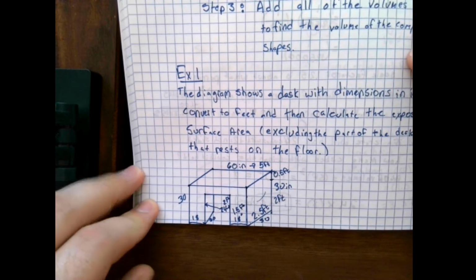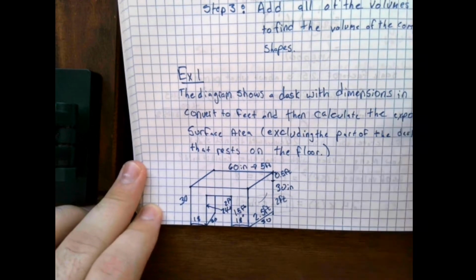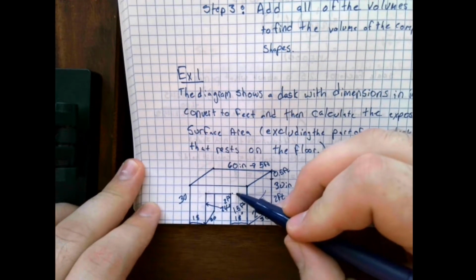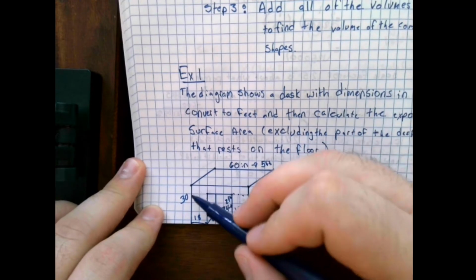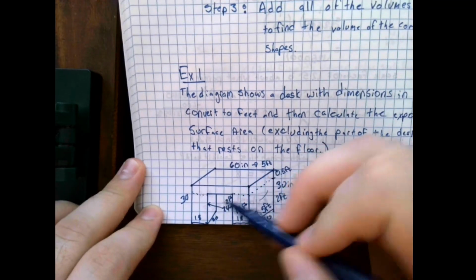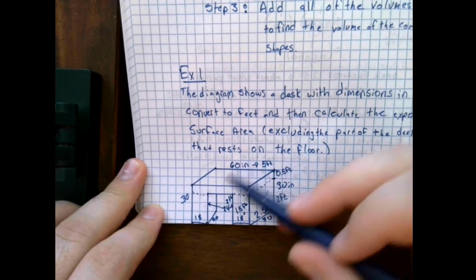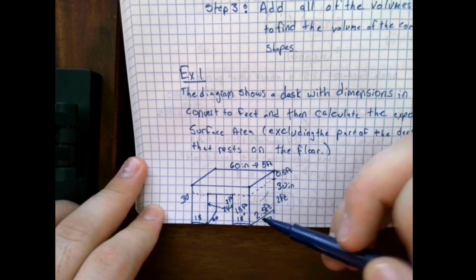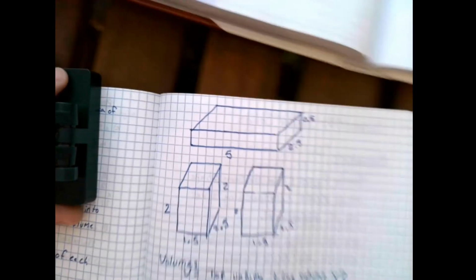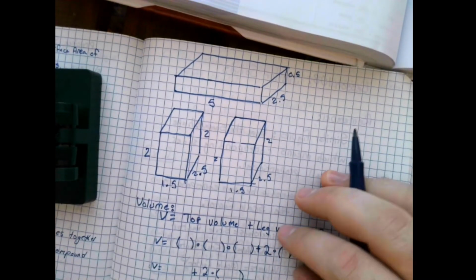So now our next step is to break it into its component parts. Now we can see where we'd be making this break, right along this line here and here, where we'd have the top shape, which is a rectangular prism, and then 2 rectangular prism legs. Now, broken into their individual pieces, it would look something like this.